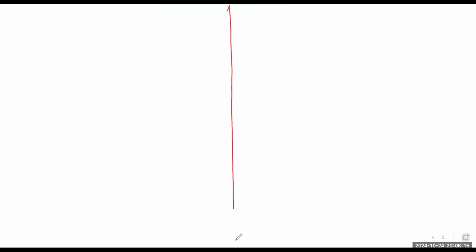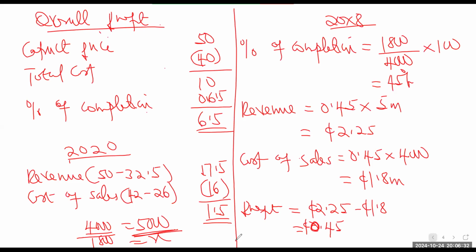Let's come to the contract assets. The contract asset over here is going to be very simple. If you want to bill the customer, how much are you going to be billing the customer? The cost plus the profit element.